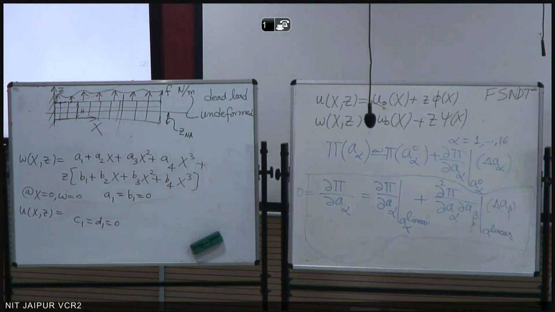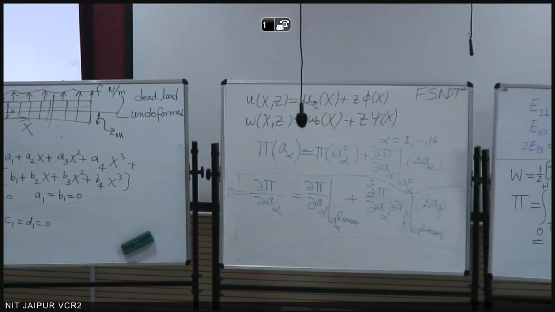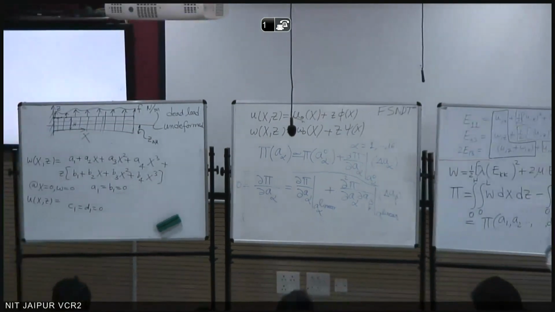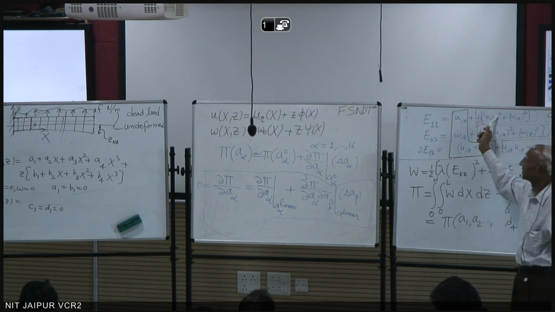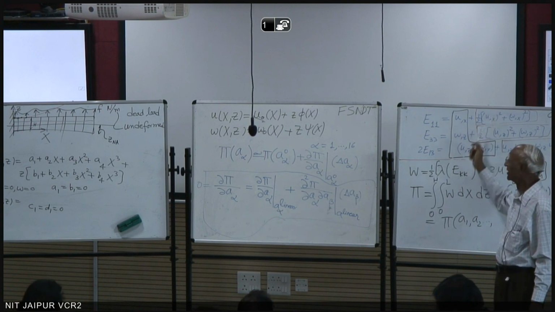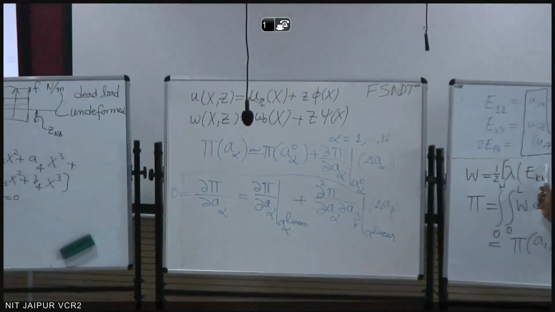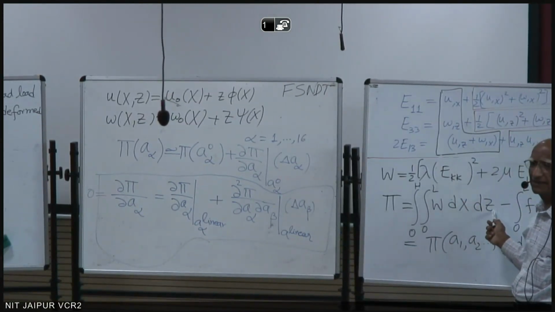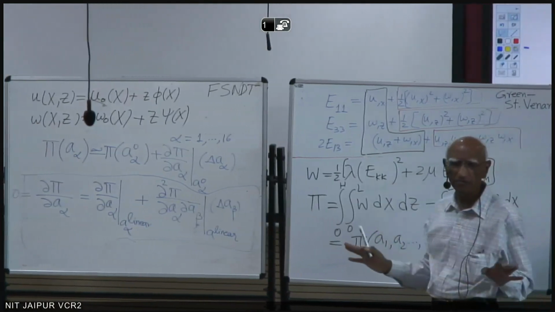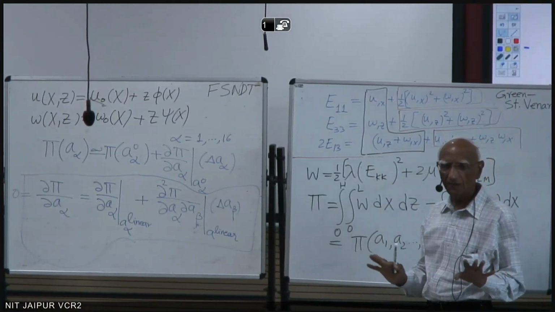And again, please, we cannot do this by hand. I mean, you can, but chances of making a mistake by hand are very high. So it's better to use a symbolic manipulator that will differentiate these terms, square them, square again, integrate with respect to x and z. These are polynomials, no problem. Any symbolic software will do it.